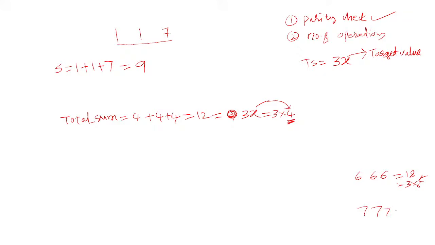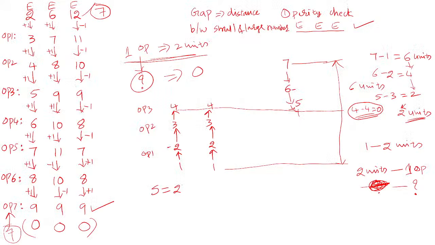If they become 777, 21, it is a 3 multiple of the target value. In our case, 999 we got here, which is 27, written as 3 times a target value. This x value is 9 here. This x indicates the number at which they become equal.